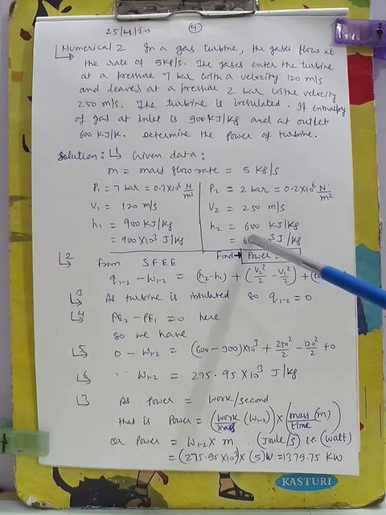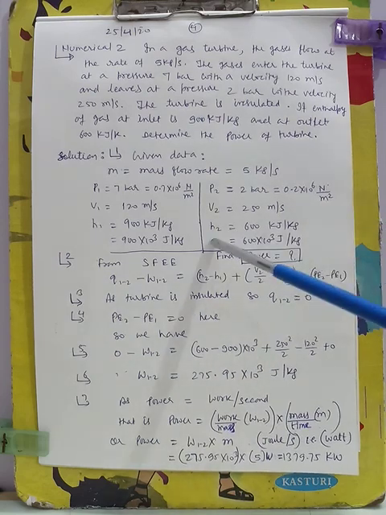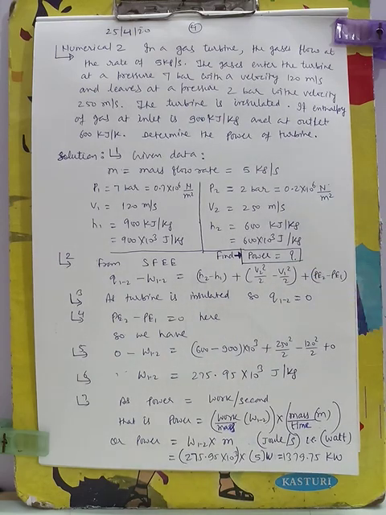So for finding out power, first we need work. And then we will find out rate of doing work. Let us see how to solve this. Unless we solve this type of problem, we will be confused about how to find the power, because there is no power term in the steady flow energy equation.